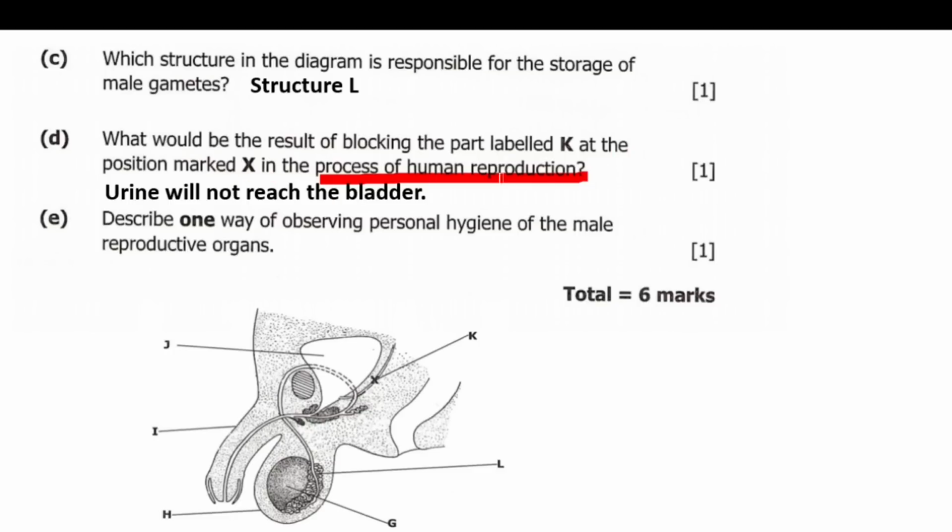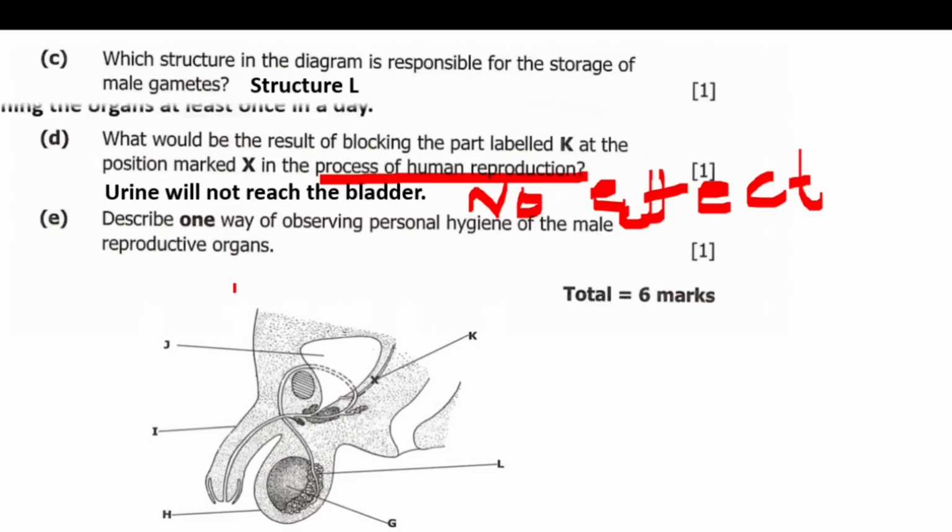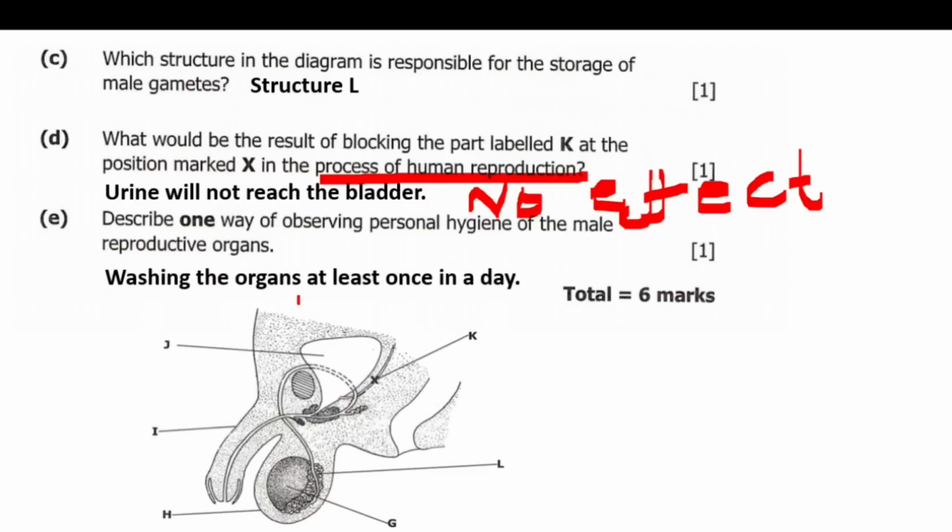It will have no effect. That should have been the correct answer. Then E, describe one way of observing personal hygiene of the male reproductive organs. So here, washing the organs at least once in a day.